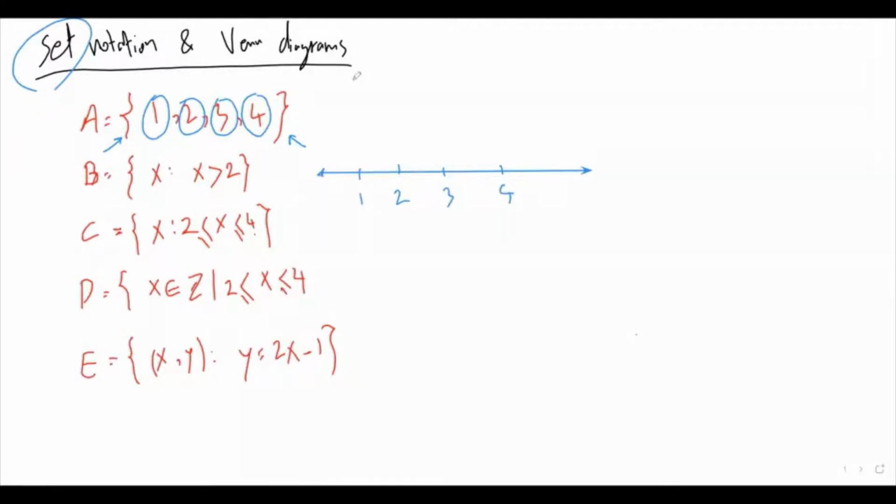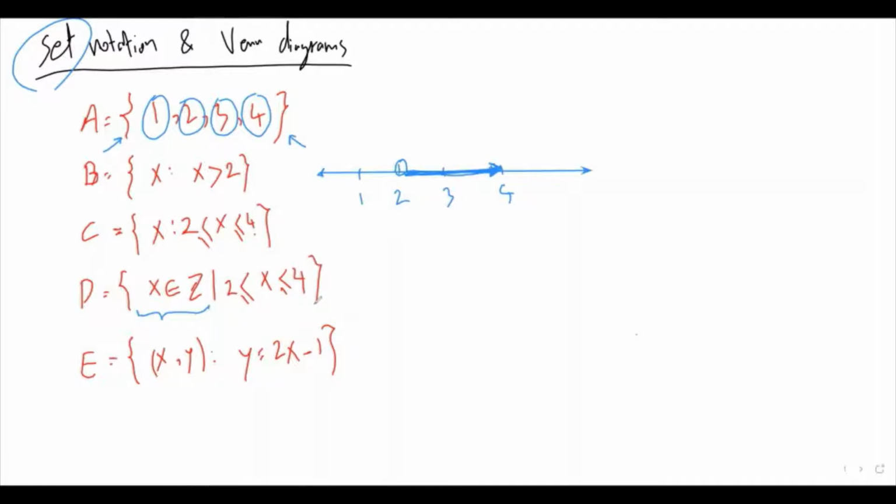So I have to highlight here. 2 is excluded, so that's a hollow circle. And in C, we have an upper bound. So it's all the numbers between 2 and 4. Again, the assumption is that it's real numbers, all the rational and irrational numbers included, unless, like in D, there is a limitation or constraint on x, that here they specifically mentioned that they want x to be an integer, right?